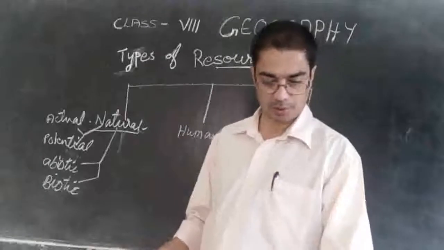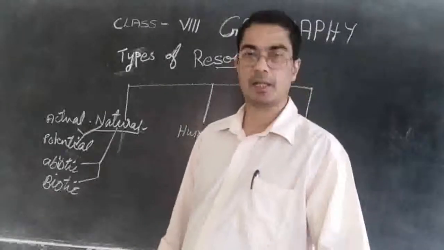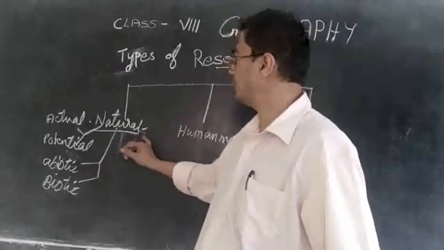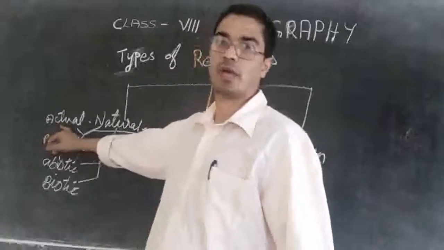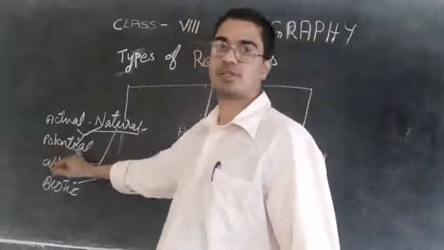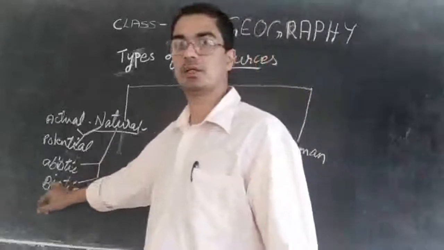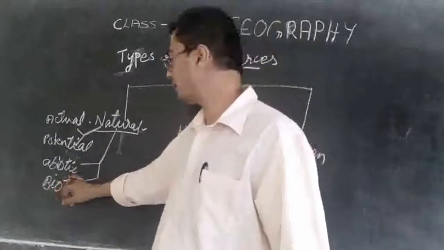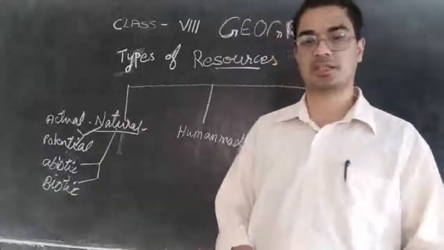Based on the level of development, there are two: actual and potential. Then based on the origin, there are abiotic and biotic resources. We'll continue in the next class.